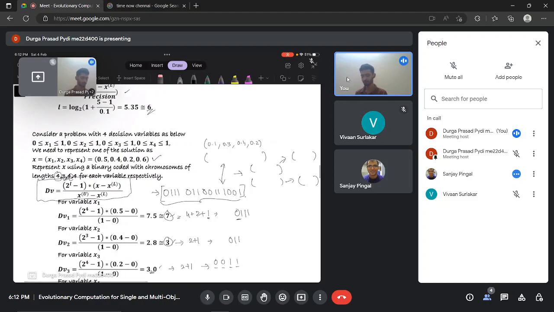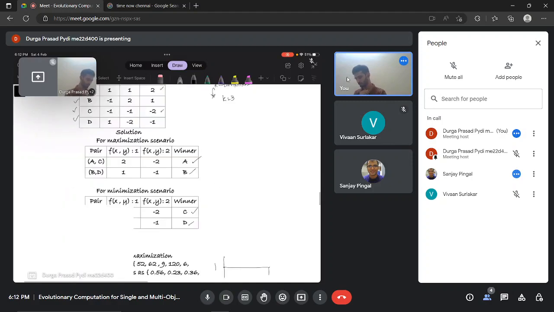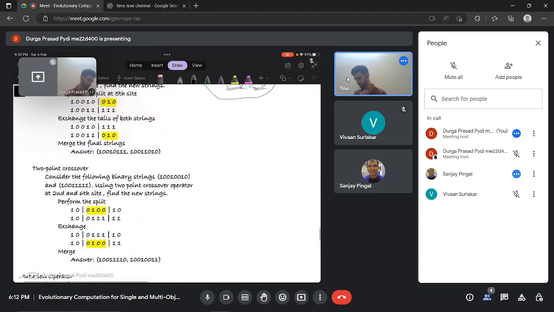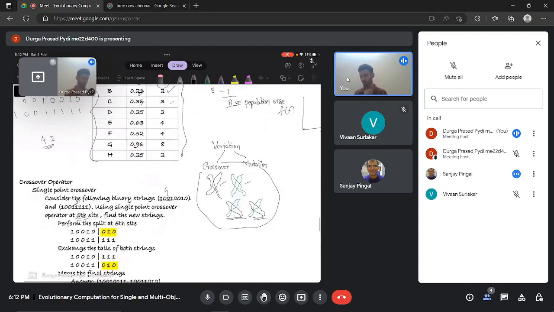But if you see here, when you do the crossover, you're not just doing it for a single variable. You're not doing crossover for x1 separately, x2 separately, x3 or x4 separately. You're essentially doing all at once. When you are splitting over here, all these values are unchanged.